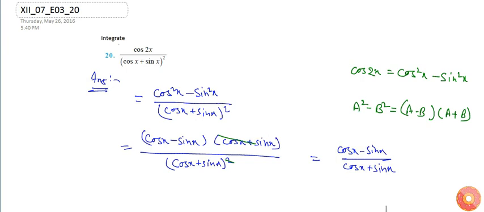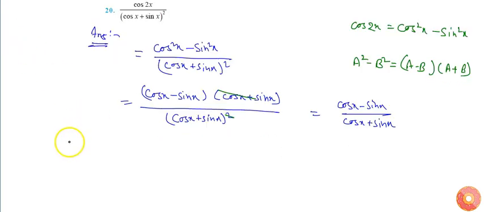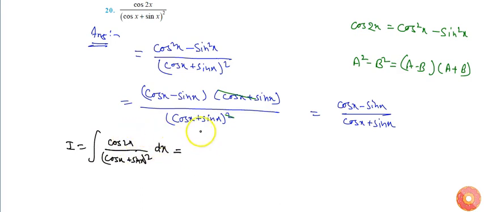So we need to find out the integration I equals to cos 2x by cos x plus sin x square dx. So this term is changed in cos x minus sin x divided by cos x plus sin x dx.